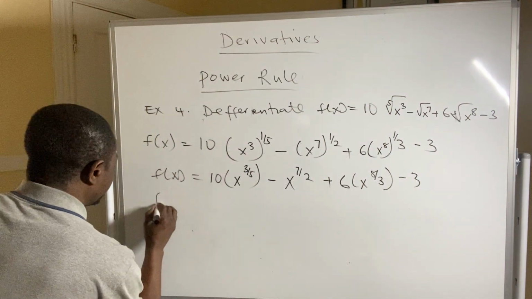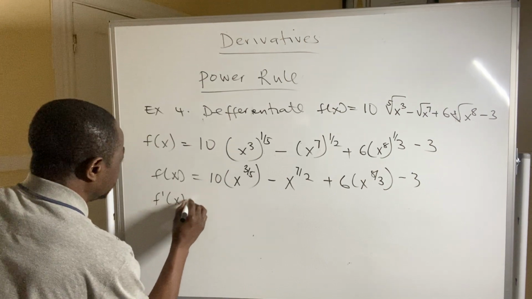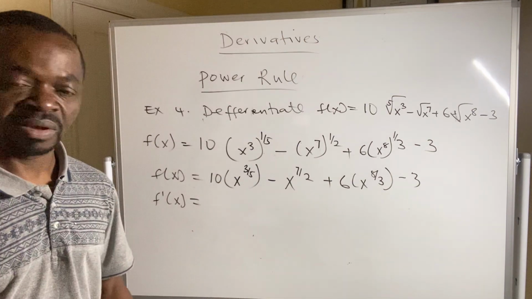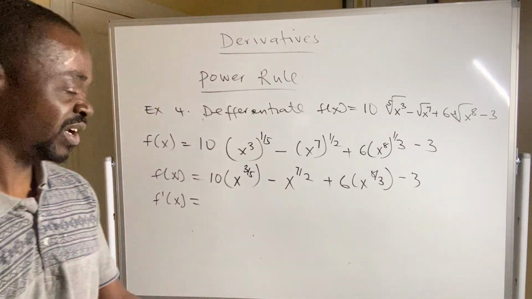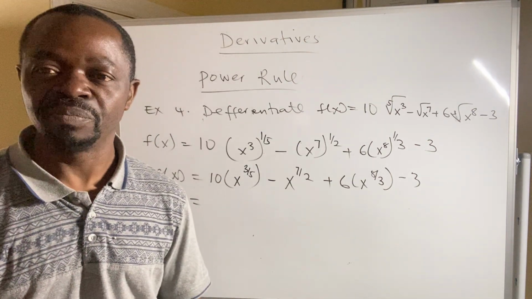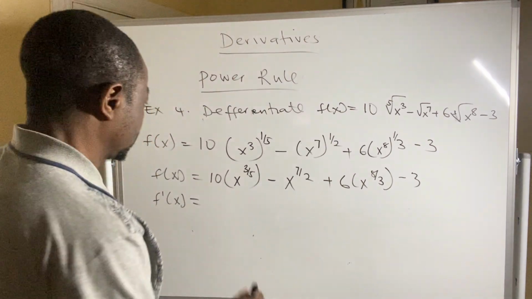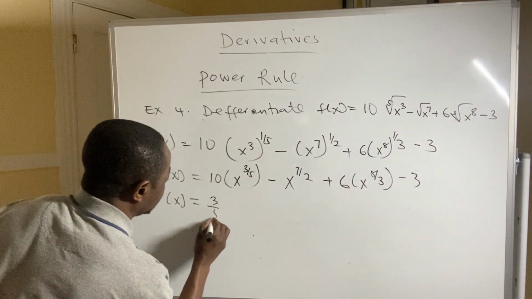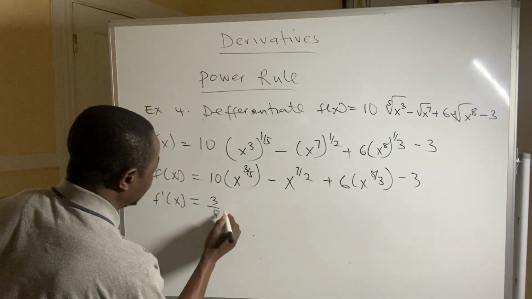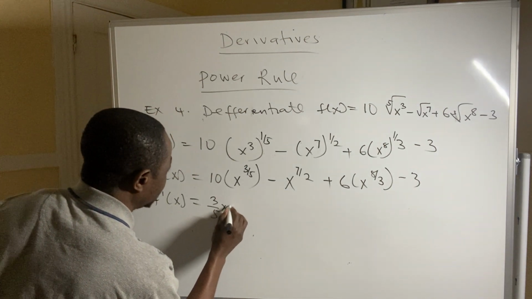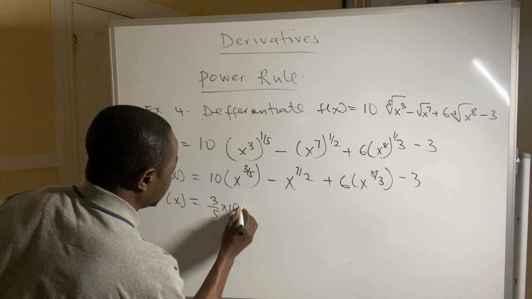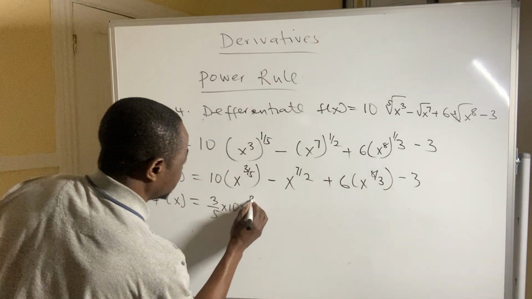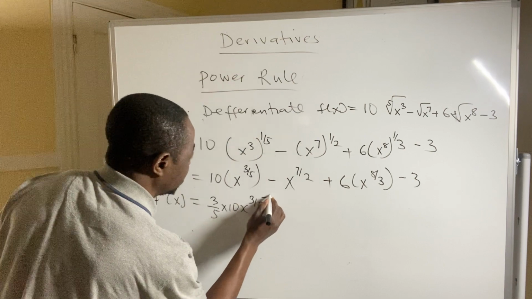So our f prime of x is equal to, I'm bringing down the powers, multiplying by the coefficients of x, then reducing the powers by 1. So we have 3 times 3 over 5, multiplied by 10 x to the power 3 over 5 minus 1.